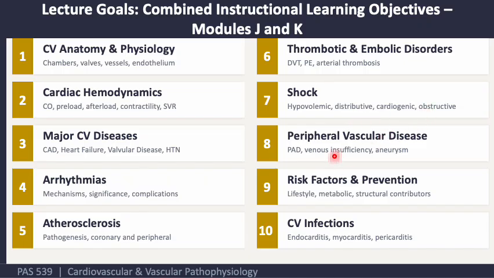Talk a little bit more about peripheral vascular disease and how it can present with peripheral arterial disease, venous insufficiency, or a form of aneurysm or dissection. And then we'll talk about risk factors and prevention. And lastly, we'll briefly talk about cardiovascular infection.